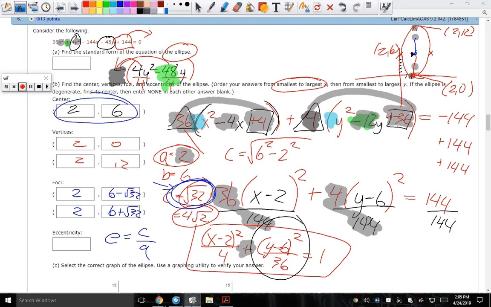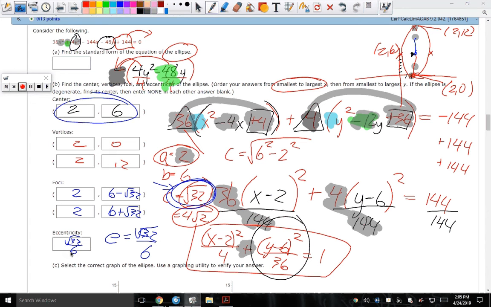The bigger. C over the bigger. So in the ellipse, size matters, so C is going to be over the bigger. Which one's bigger, A or B, in this case? B. So we're going to put 6 there. We're going to put C as root 32. And root 32 over 6 is fine.